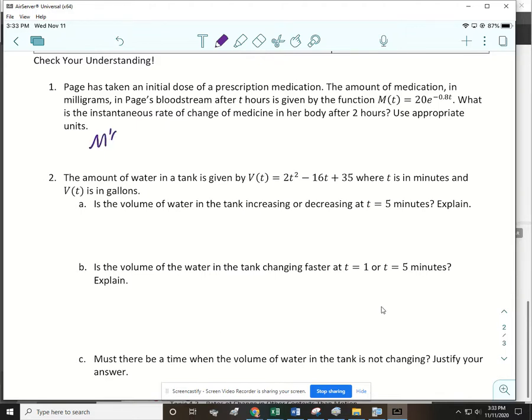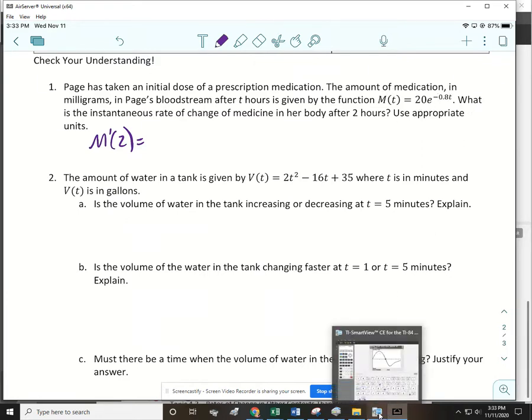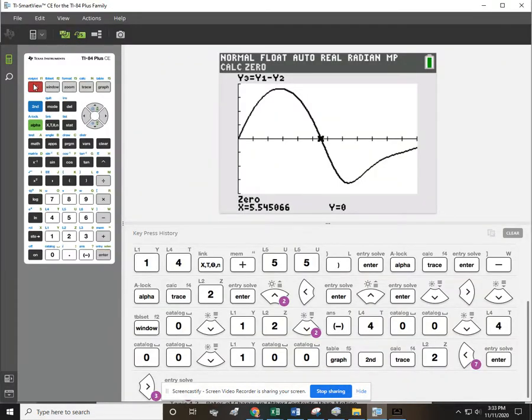So we want m prime of 2. Now we could do this by hand because it's just a chain rule problem and it wouldn't be that difficult, but because we have to use a calculator to figure out what e to some power is, let's just go ahead and let it be a calculator problem.